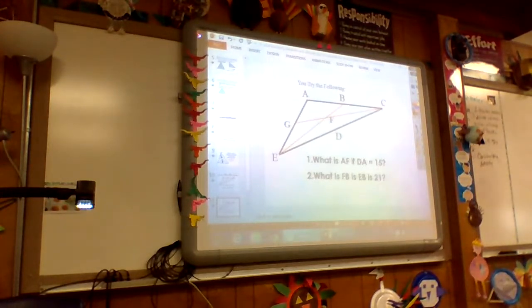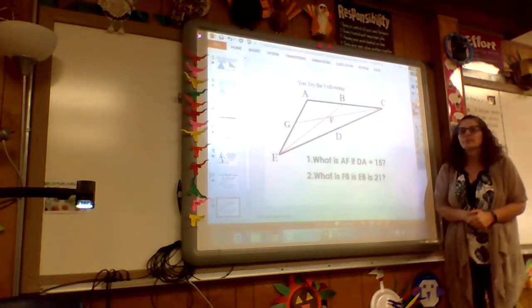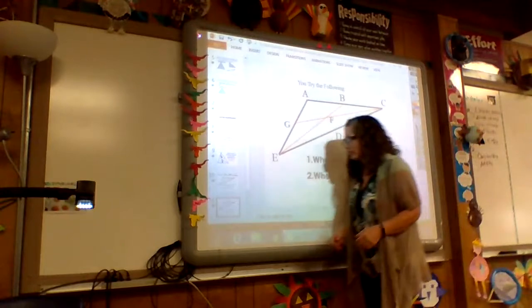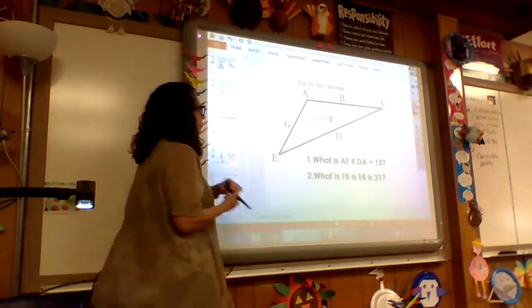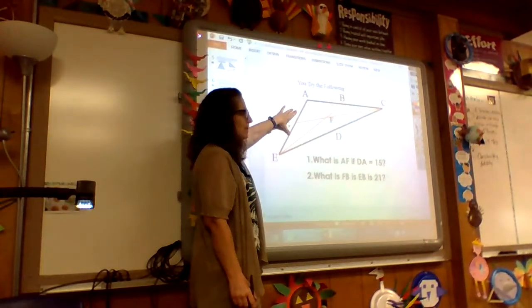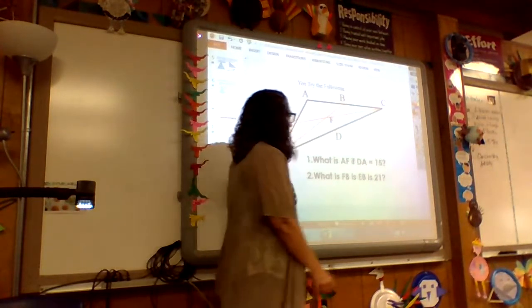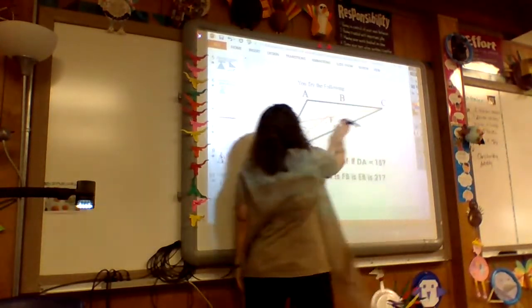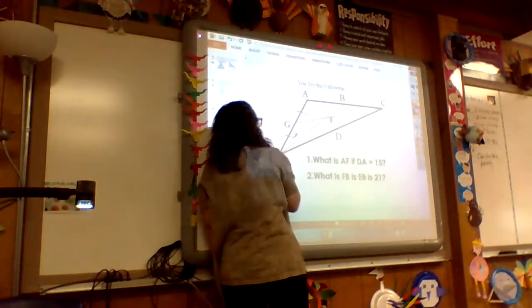I'm going to show you the relationships of the pieces that are created by the medians. So draw a triangle ACE, put 3 medians in your triangle. So medians, what am I looking for? What's going to be markings right here? Half. It's cut in half, so they have tick marks. So as you draw in CG, add your tick marks.